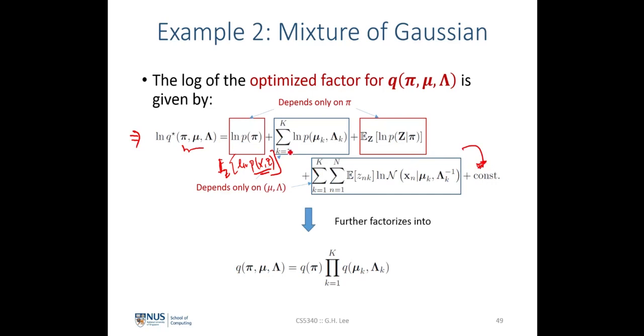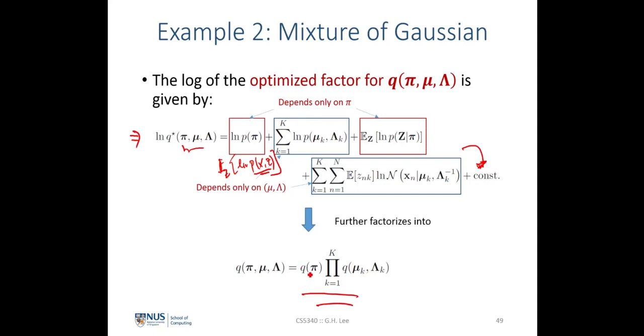Here, what it suggests is that since we have four terms, where two of them are dependent on only pi and the remaining two are dependent on only mu and lambda, we can further factorize Q of pi, mu, and lambda into this particular form over here.